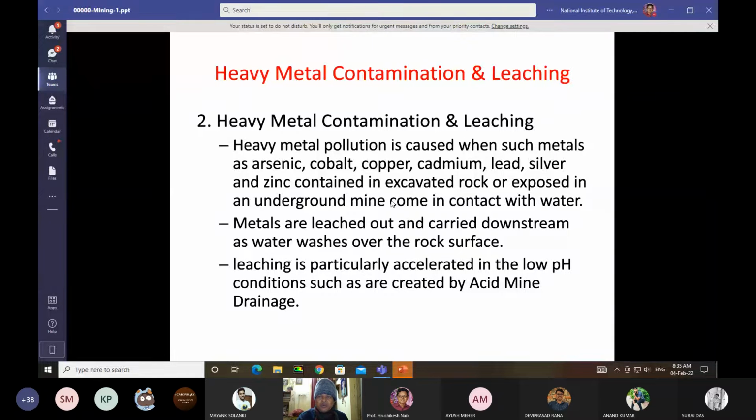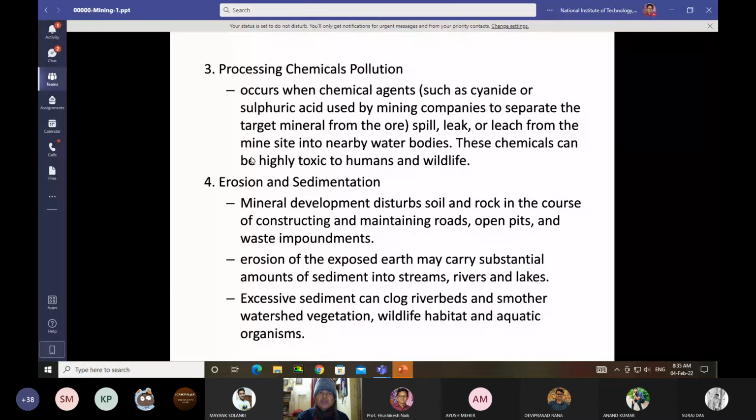Metals are leached out and carried downstream as water washes over the rock surface. Leaching is particularly accelerated in low pH conditions such as are created by acid mine drainage. Processing chemicals pollution also takes place, and erosion and sedimentation also take place because of mining activities.